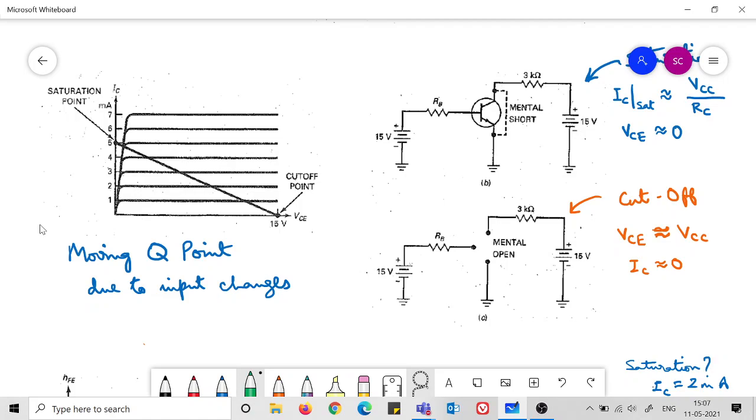IC is the collector current and VCE is the collector to emitter voltage. These are parameters of the transistor only. So no matter in which circuit or configuration you place it, the collector characteristics or output characteristics of the transistor will remain the same.